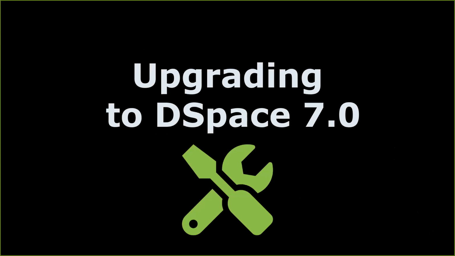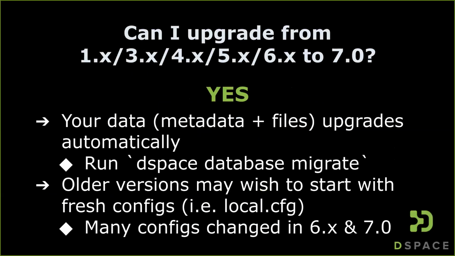I already saw some questions about upgrading. So this is going to go through the upgrade a little bit, somewhat at a higher level, but we can get into a couple more of the questions here as well. The first question they often hear is, is there an upgrade path from all these old versions to DSpace 7? And the answer is yes. So we are still doing the same sort of upgrade path from any old version of DSpace to DSpace 7.0.